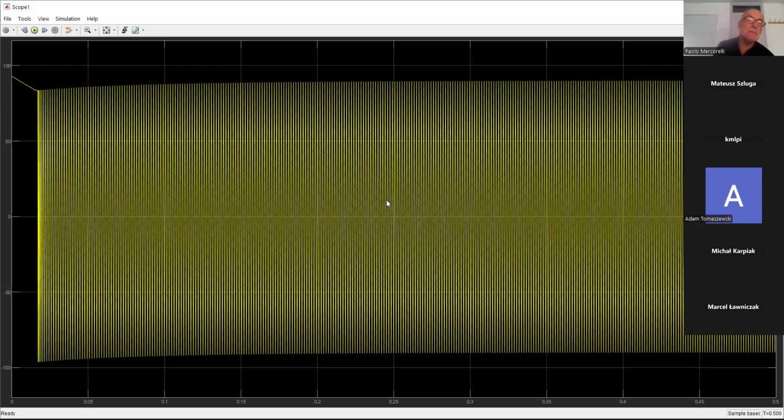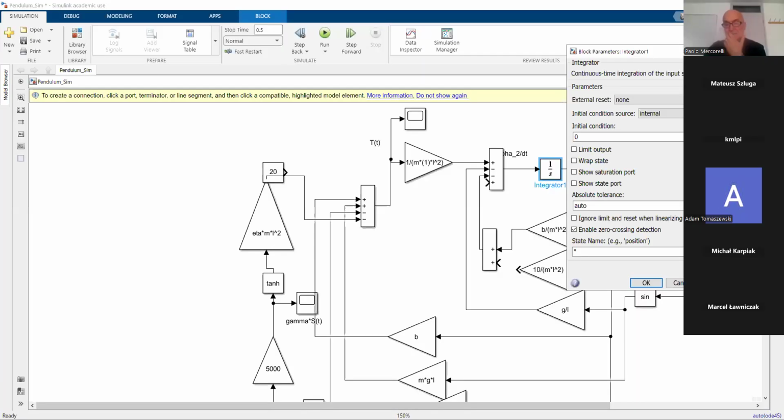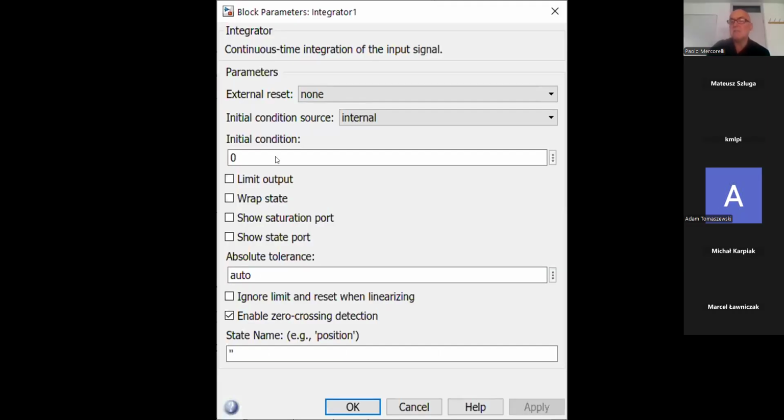Keep in mind this a little bit. If I go here and I put an initial velocity not 0, at this moment it is 0.